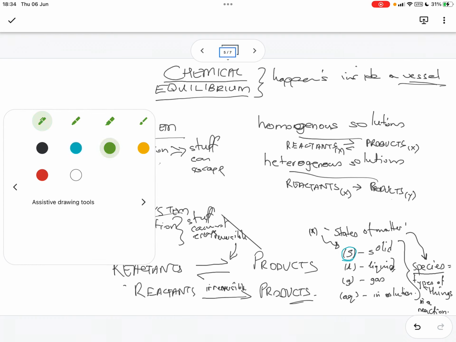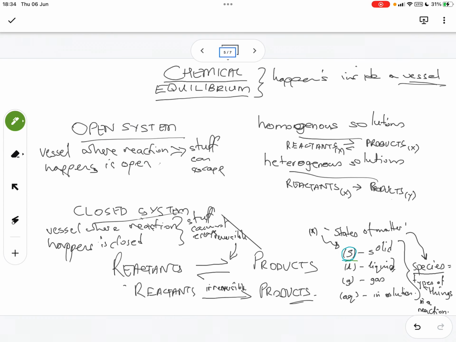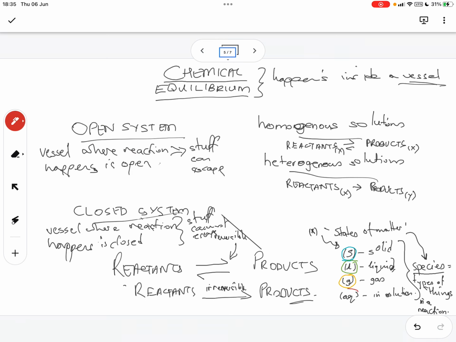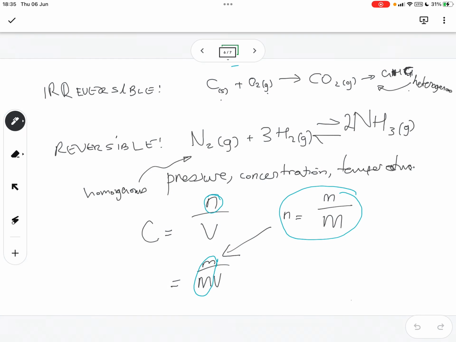If something is solid and it changes to a different form, there is a change. But in the context of heterogeneous and homogeneous, the species that we talk about are solids, liquids, gases, and aqueous solutions.